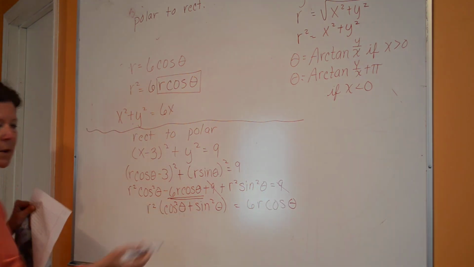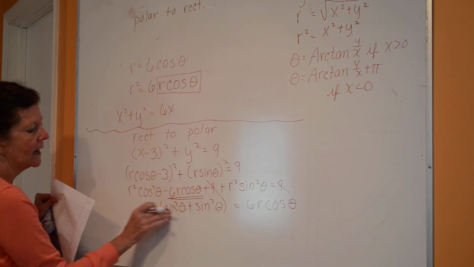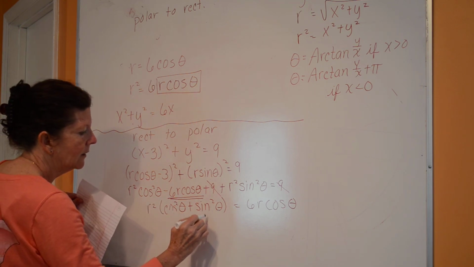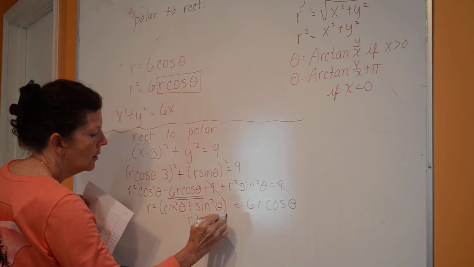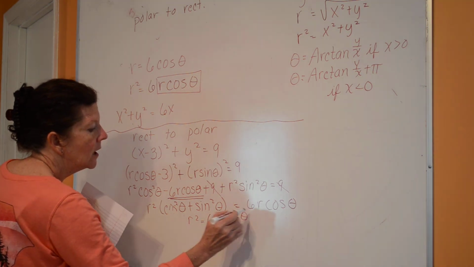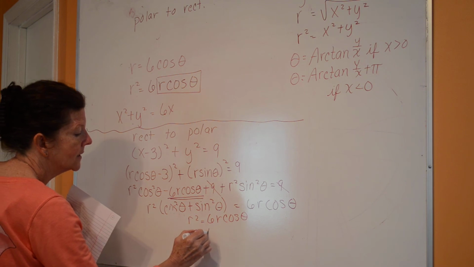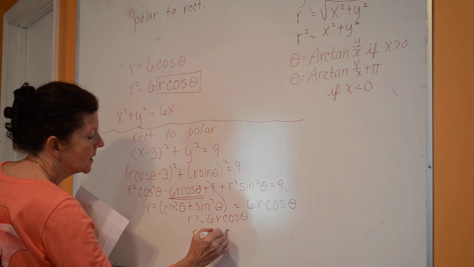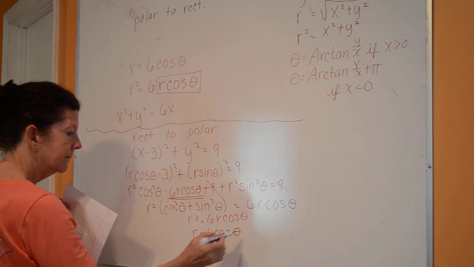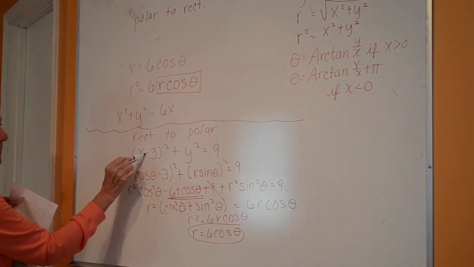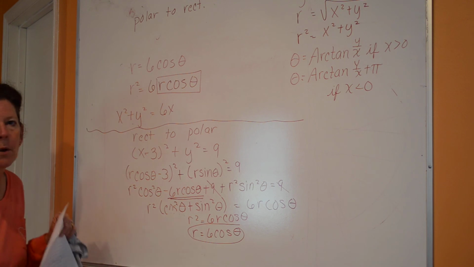Notice I'm back with identities here. This is the Pythagorean identity, which is equal to 1. So I have r squared is equal to 6r cosine theta. I'm going to divide through both sides by r, and I get r is equal to 6 times the cosine of theta. This right here is my conversion from rectangular to polar.